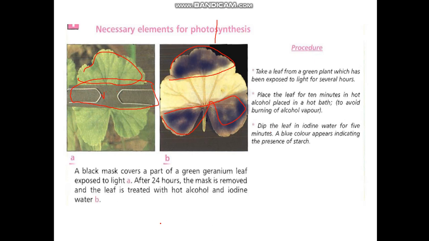Now, the hypothesis: I always want to answer the posed problem, meaning I have to find a solution for it. I am asking, is light important for the production of starch by photosynthesis? What did I learn from this experiment? That light is important. So I say, maybe the hypothesis is that light is important for the production of starch. Okay, good.